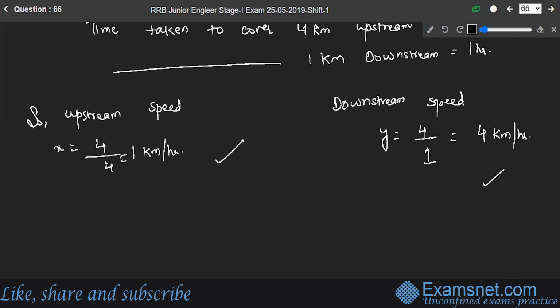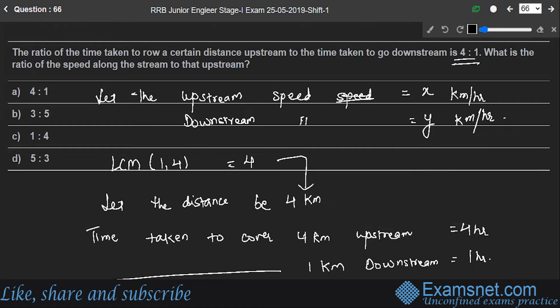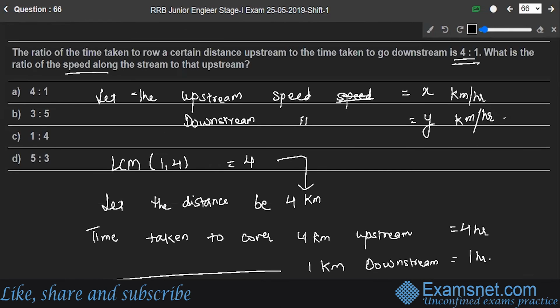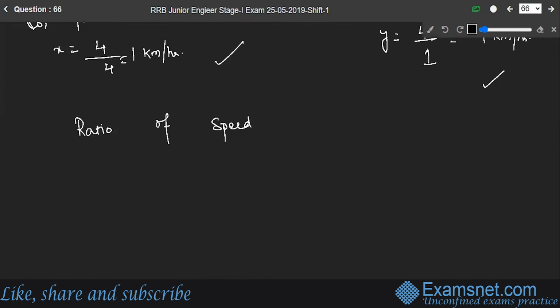And what you had to find out was the ratio of the speed along the stream to that of upstream. Okay.